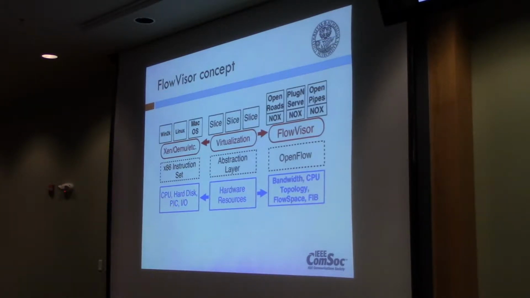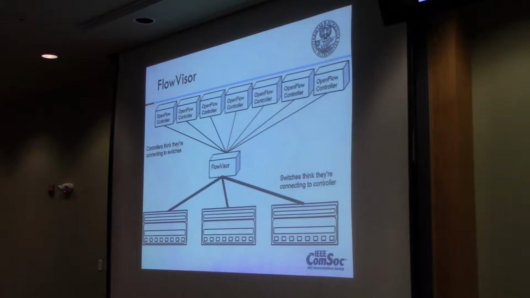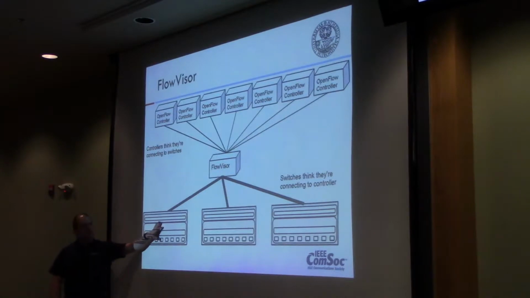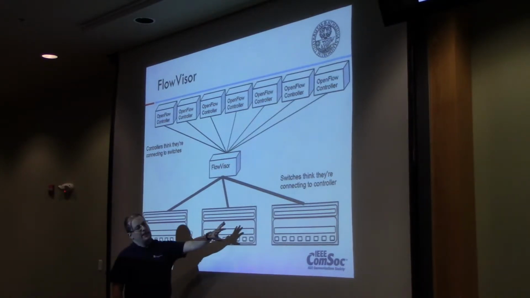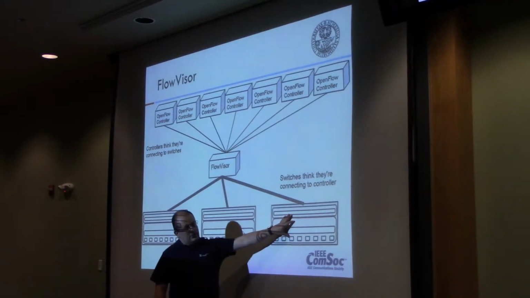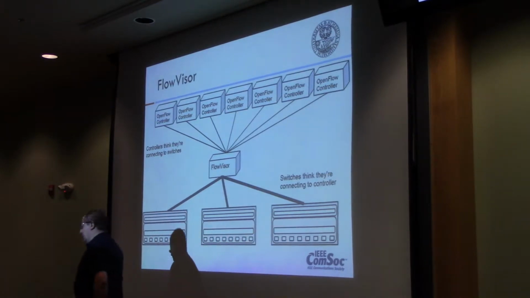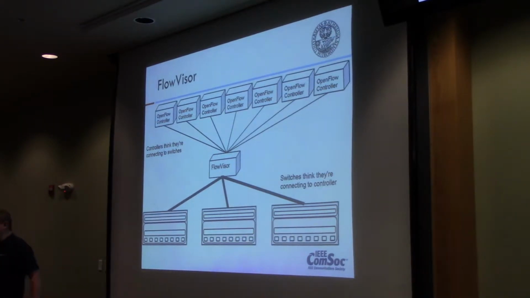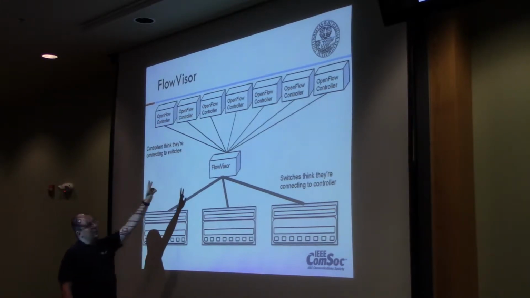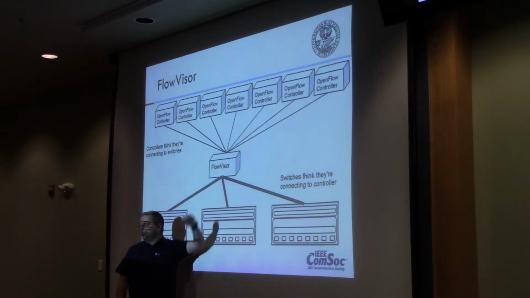If we look at the OpenFlow concept, this becomes something similar to this. Those are the switches. Instead of speaking directly with the controllers, that can be many, you see, they speak with them through the FlowVisor.